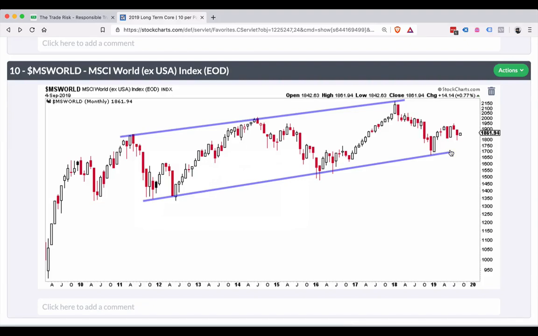Again, it is still potentially holding up, and I think the ideal situation here is that it puts in some type of higher low. Basically, what I would like to see if you're a bull is that you don't want to see this come slamming back down into this lower trend line to retest the 2018 lows. You want to see this really try and hold above 1800 or so, and if it can hold above 1800, put in some type of higher low and then start to work higher back into this range, back to the upper end of this channel.